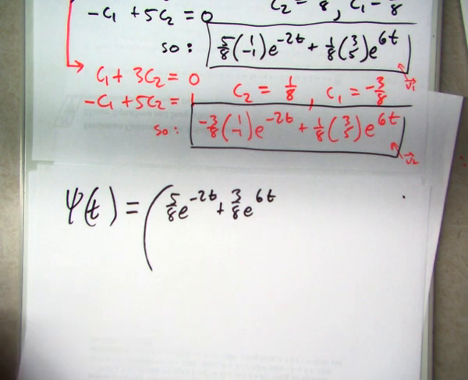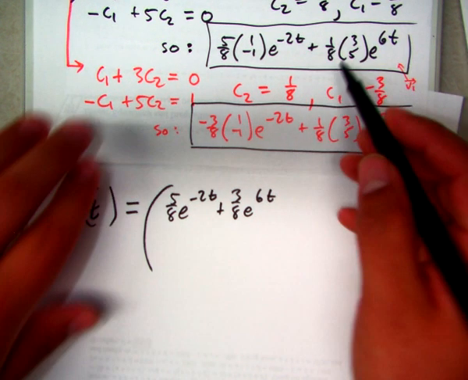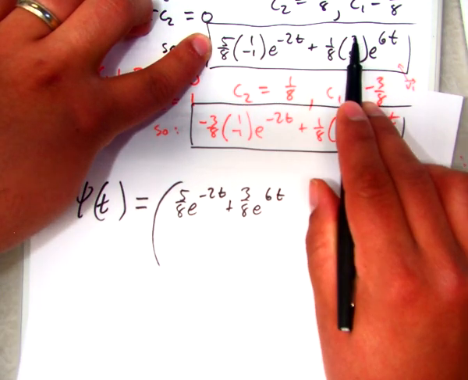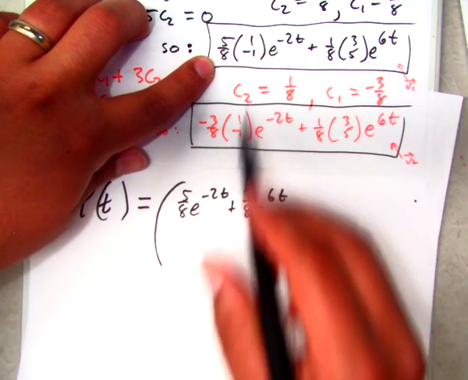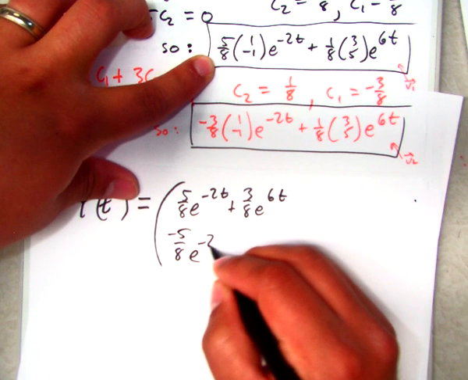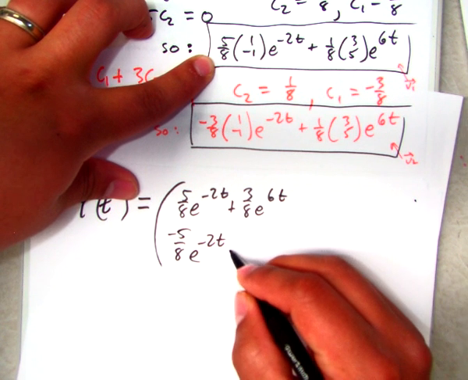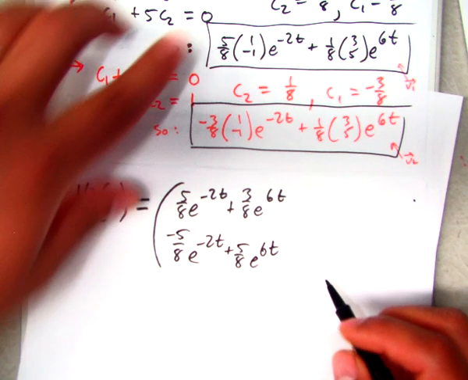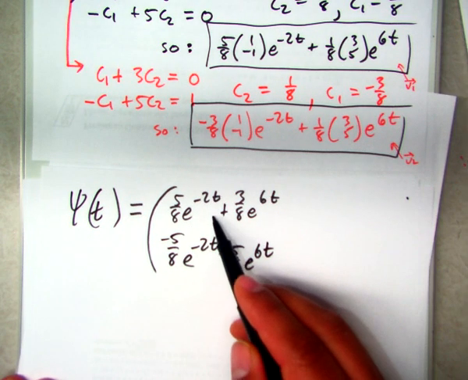You just kind of write them. So for the first entry, you just go 5/8, 3/8, and then now you do negative 5/8, e to the minus 2t, plus 5/8, e to the 6t. So this is our first entry, this is our second entry in the first column.